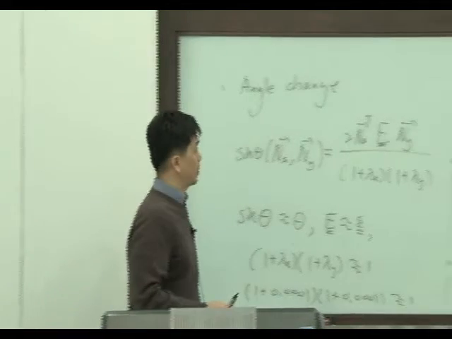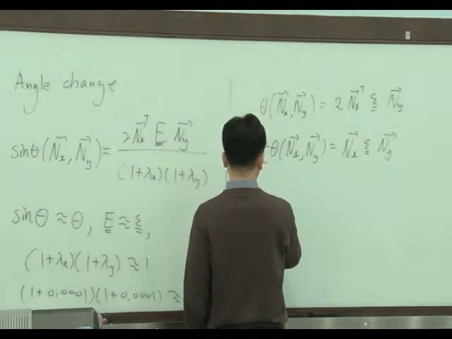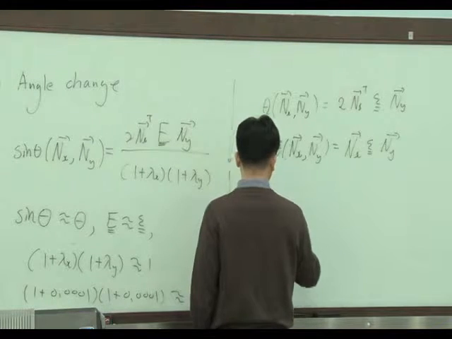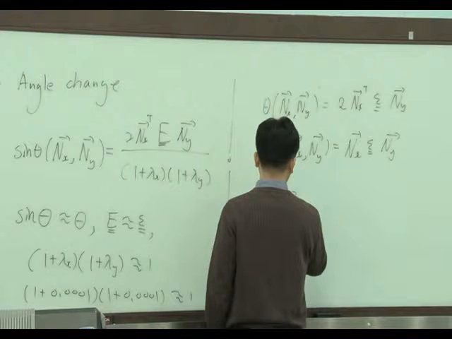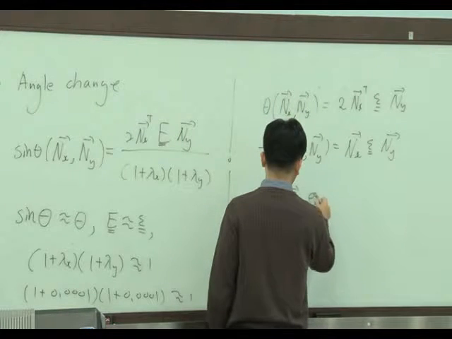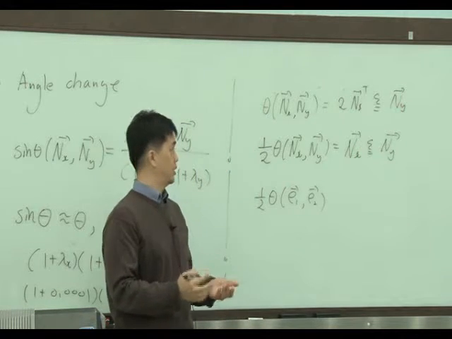Okay, here let's put E1, E2: one half theta of E1, E2. E1, E2 are base vectors in the x and y directions. What happened?